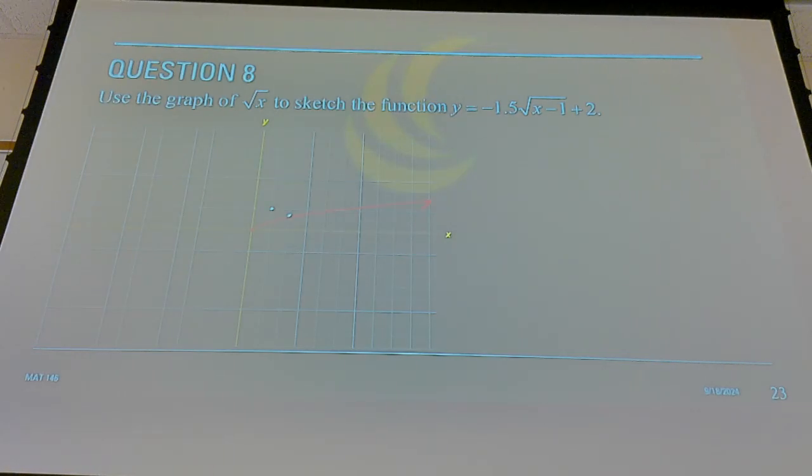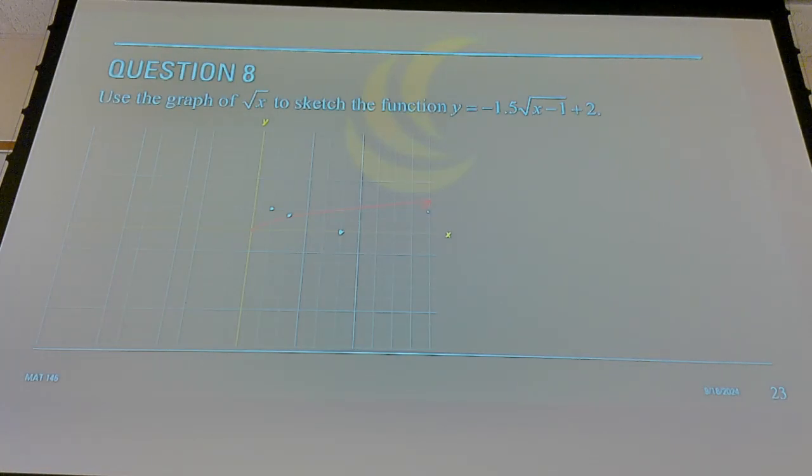Four over would be 2 down. Oh, that's nice. Times 3/2 is just 0. I like that one. 9 over, 10 down by 3, multiplied by 3/2.